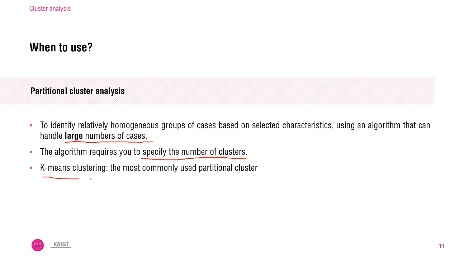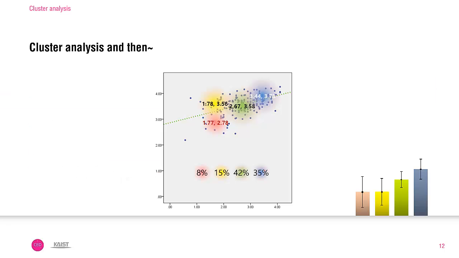And k-means clustering is the most commonly used partitional clustering analysis. Unfortunately, I cannot provide you this data. So instead, I present here how I analyzed this data using k-means clustering. My result is summarized in such a way.